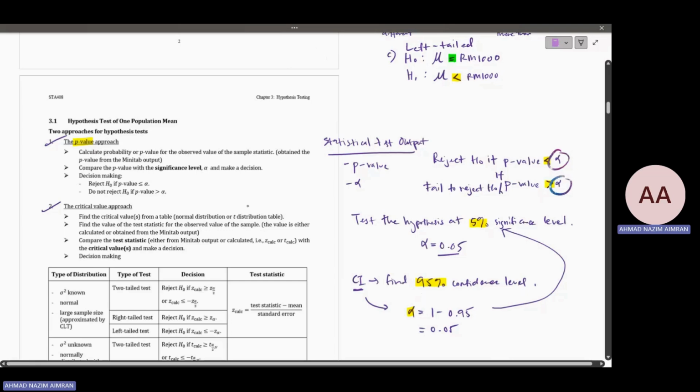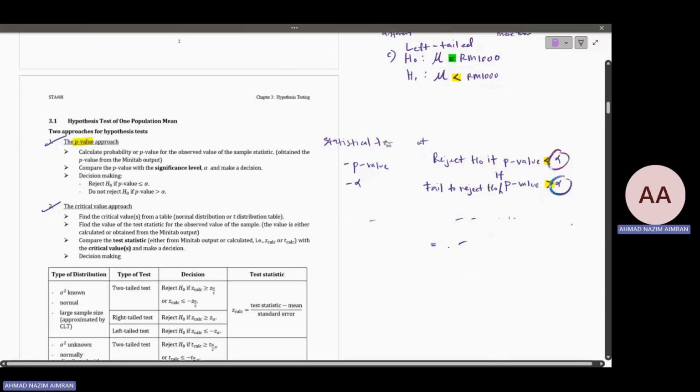Now for the next one, you need to test the hypothesis by using the statistical approach or the critical value approach. This is not as easy as the p-value.